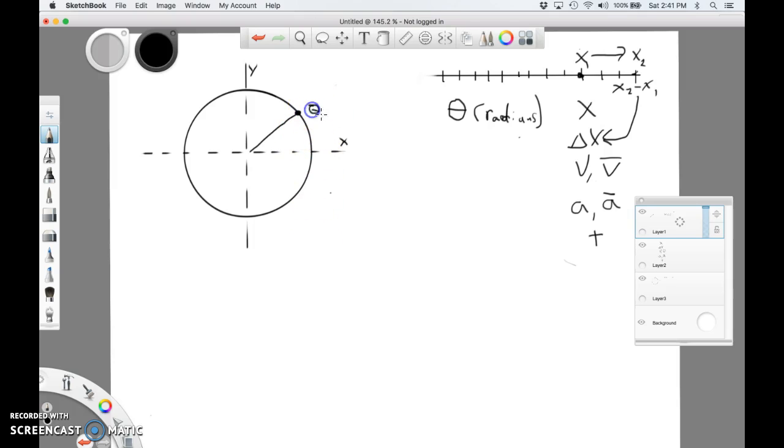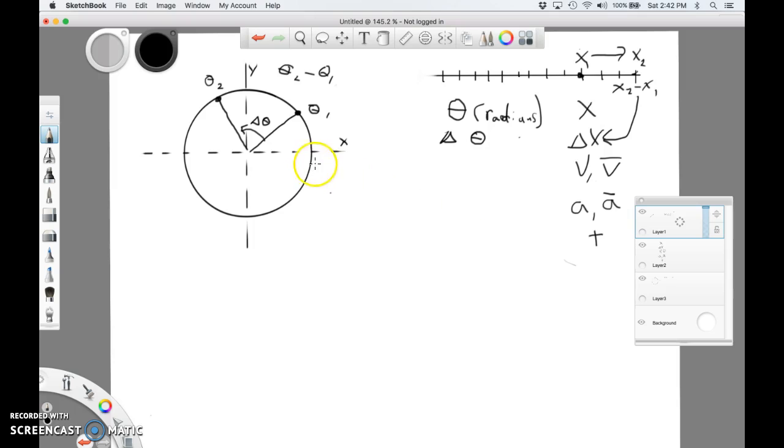Let's call this theta 1, and let's say we move to some new angular position, which we'll call theta 2. Well, theta 2 minus theta 1 is our angular displacement, okay? It represents a similar thing to linear displacement. It tells us what our change in angular position was. So that's our angular displacement.